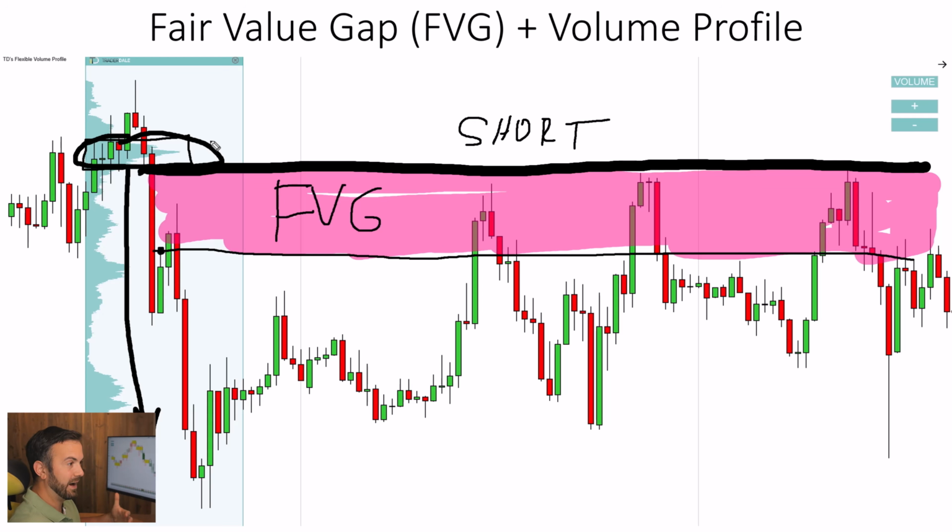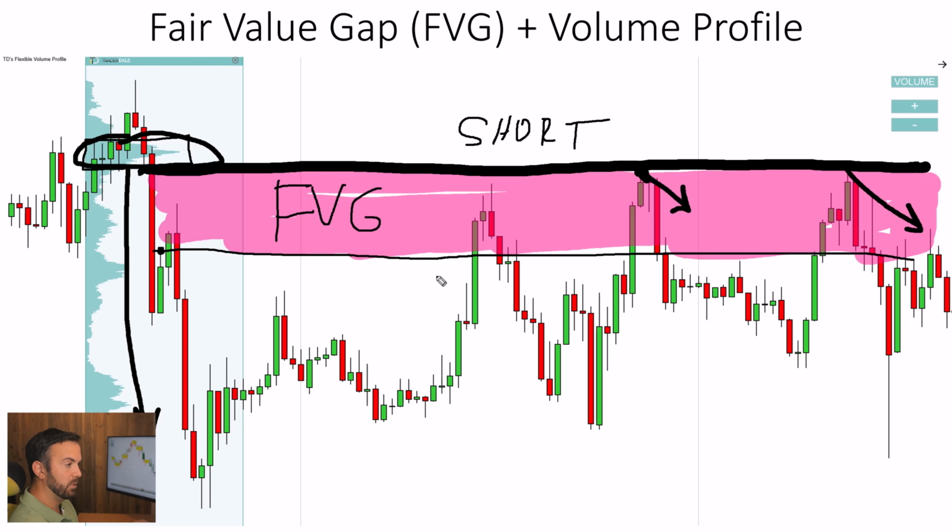They show us the big guys, and the big guys are likely to be active when the price hits this level again, all right? As you can see, it is behind the fair value gap, and this is exactly the combo that you want to see. You want to see fair value gap, and behind it, heavy volume zone. That's the whole thing. So if you see this, then you trade from the beginning of the fair value gap. In this case, it would be either in here or in here.